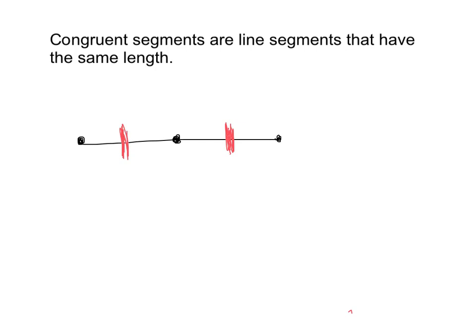And we could say that these two pieces are equal. So let's say we got D, E, F. We could say the lengths of DE and EF are equal, and we could say the segments are congruent. And our congruent symbol is an equal sign with a wave above the top. So this is our congruent symbol.